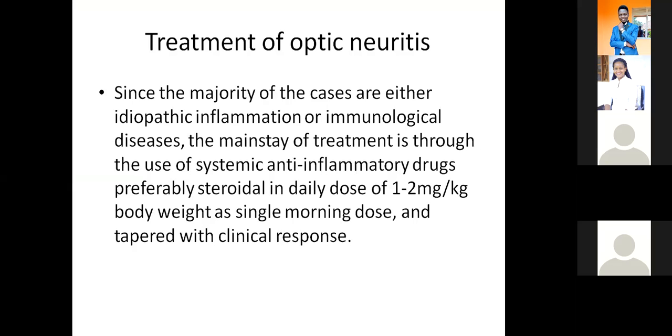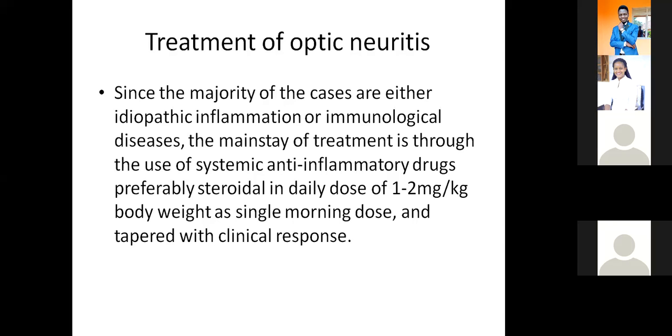As we looked earlier at the causes of optic neuritis, we saw that the majority of the causes are idiopathic inflammation, while over 30 to 40% of the causes are autoimmune diseases. So most of them are just immunological inflammations, and you don't need to wait for the results of investigation.